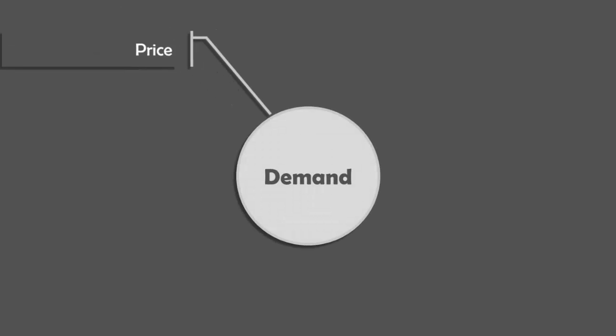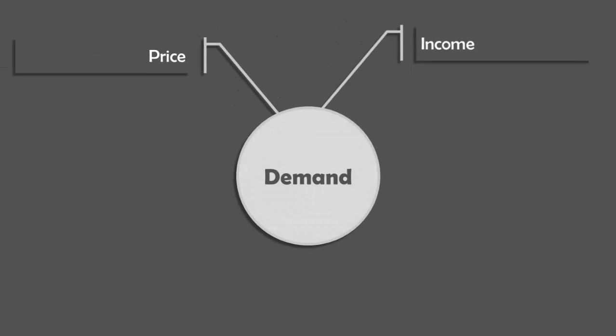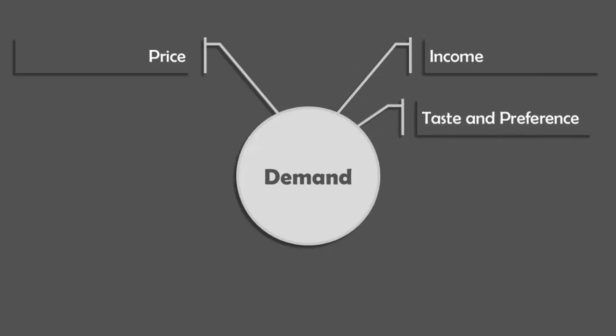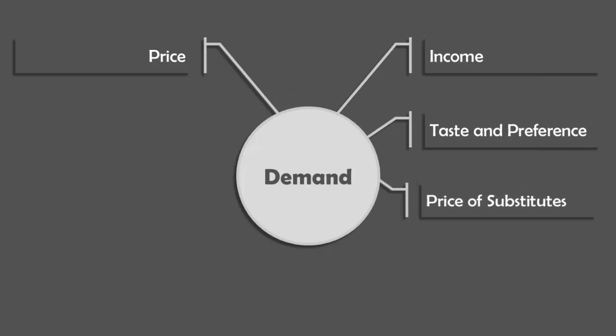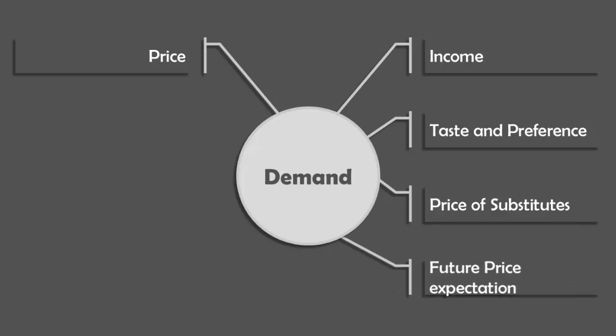We know demand depends on so many factors: price, income, taste and preference, price of substitutes, and future price expectation are a few of them. To introduce simplicity in my explanation, I limit myself only to these five forces.